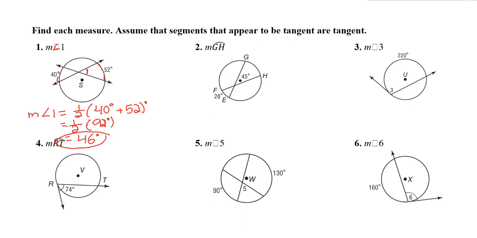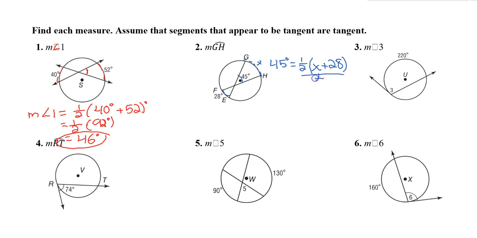Okay, so the next one. We're now finding arc GH. So I'm going to put my x there. I always find it easier just to use a variable. So the measure of the angle, which I know, equals 1/2 times the two arcs. Okay. So the first thing I'm going to do is get rid of the 1/2.